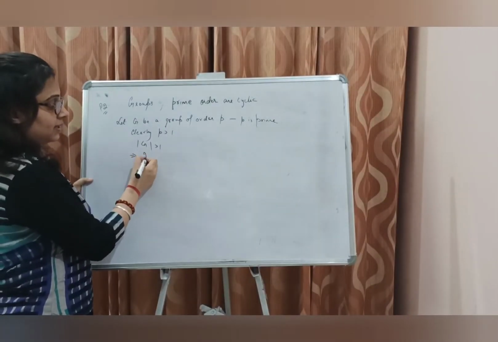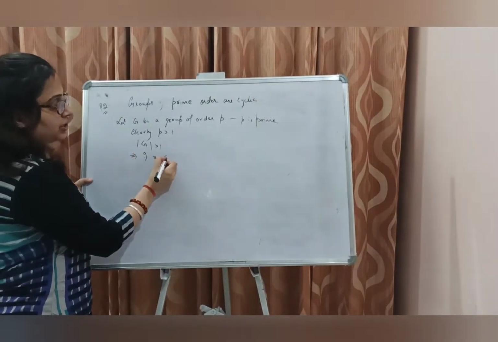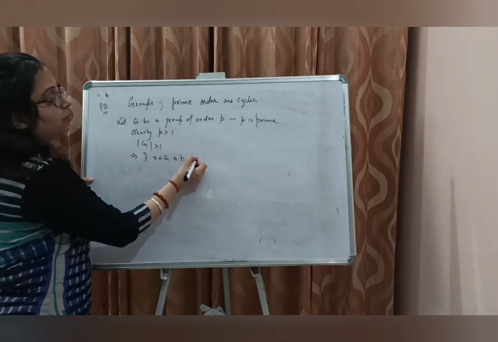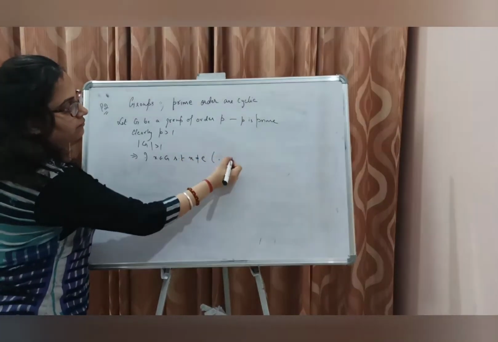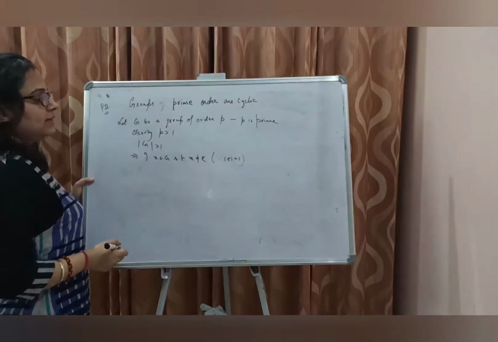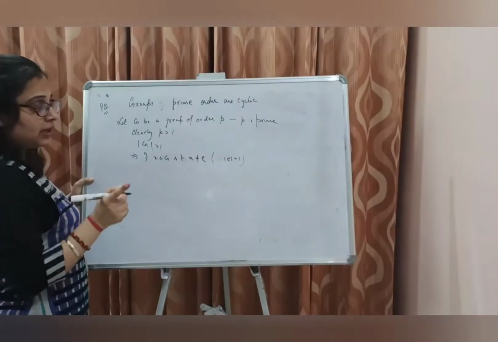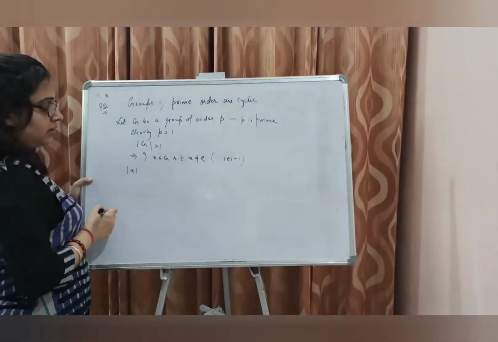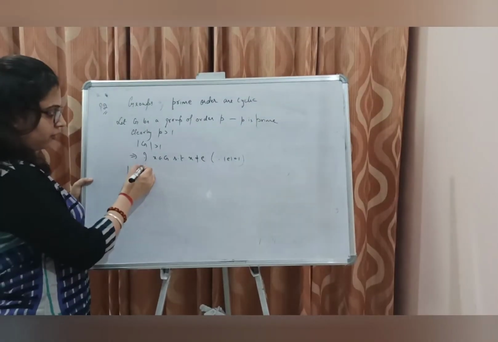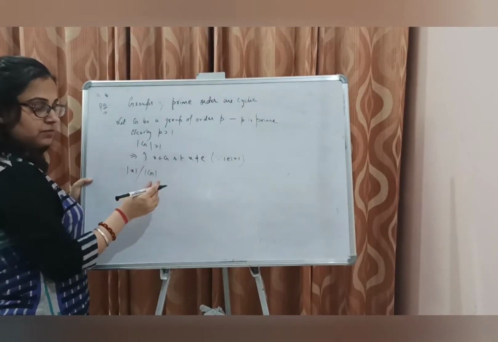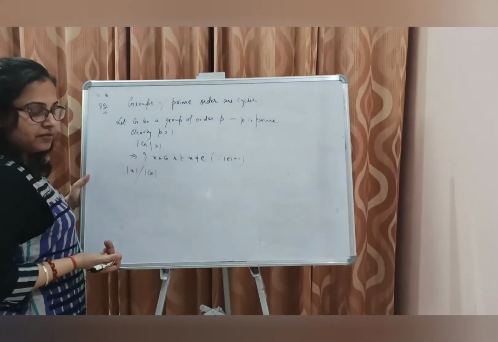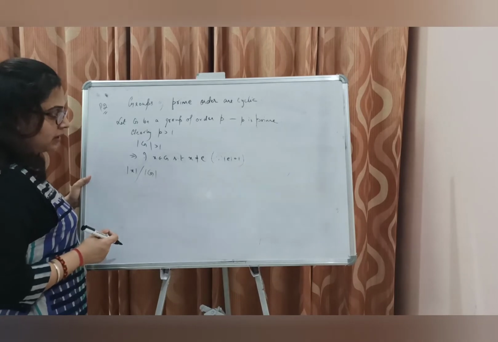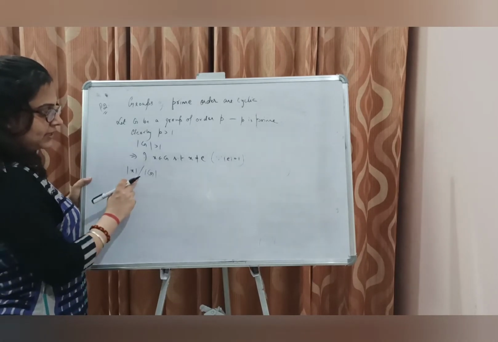This implies there exists some X belonging to G such that X is not equal to E, because the order of identity is 1. Since X is not equal to E, we know that the order of X will divide the order of G from the first property that we did just now, that the order of every element of a finite group divides the order of the group itself.